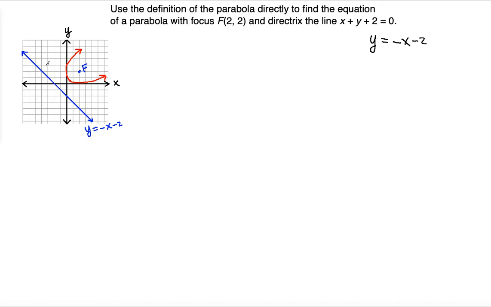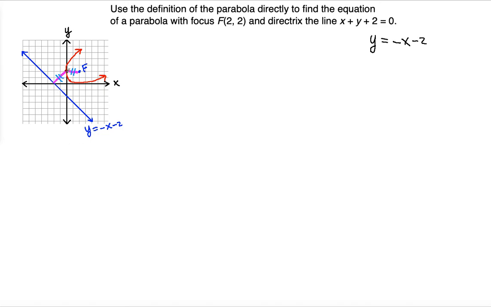So if we choose this point, for example, I know it doesn't look like the same distance, but it doesn't matter. This is not exactly drawn to scale, but what the definition states is that these distances should be the same. So we can mark these line segments as congruent.